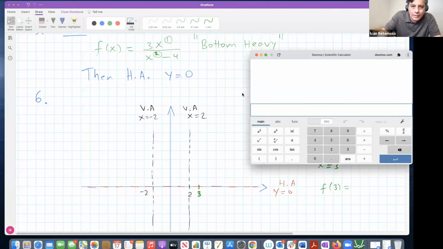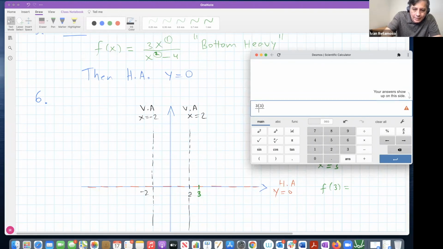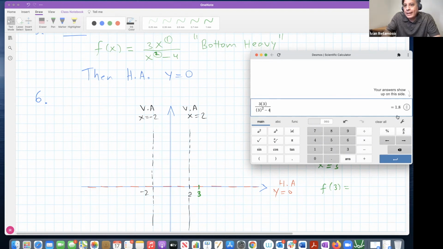Let's see what the output value is going to be for 3 times x, which is 3, divided by 3 squared minus 4, right? I get 1.8. Let's write it down. 1.8.